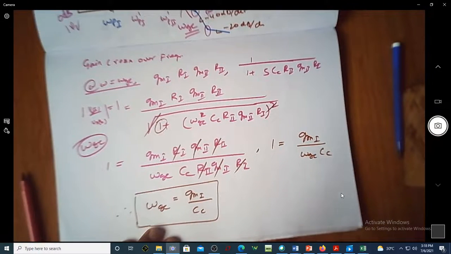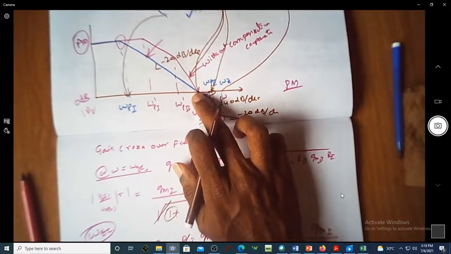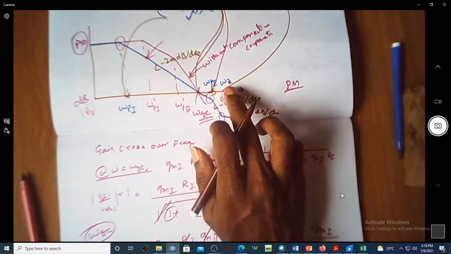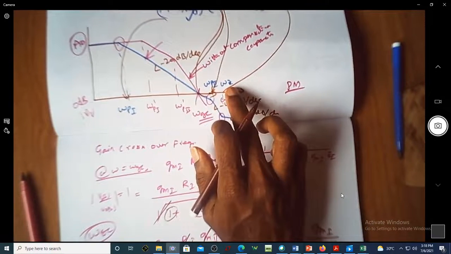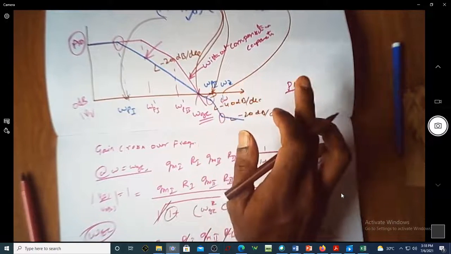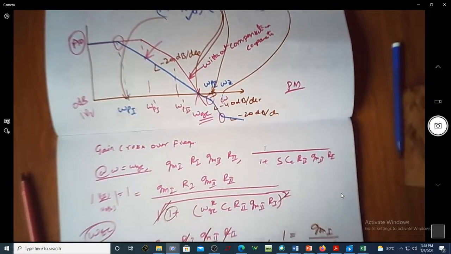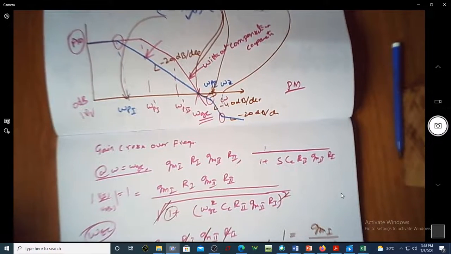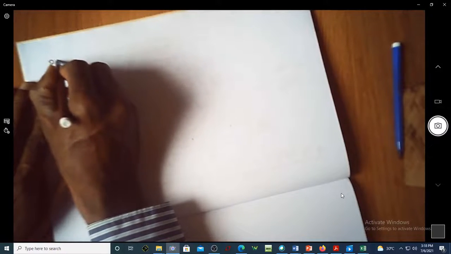Here we are assuming that GM2 is too far away from the gain crossover frequency, and of course omega z, that is the zero of the transfer function, is also too far away from the gain crossover frequency. With this in mind, let us try to find out the phase margin of this system.